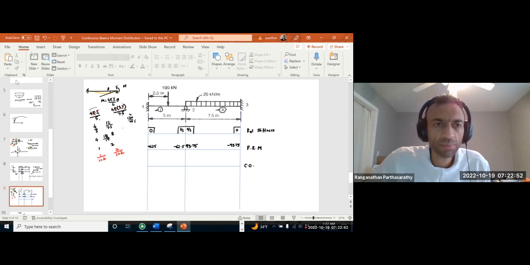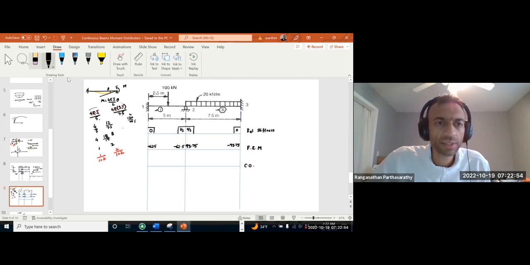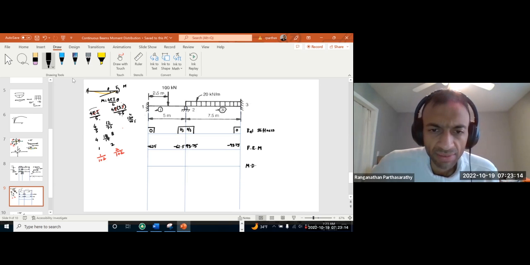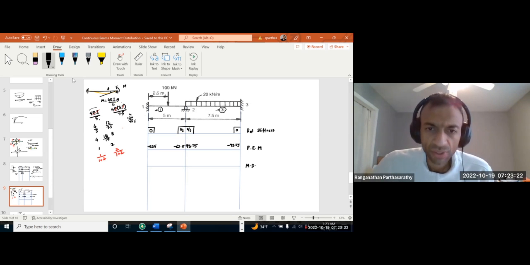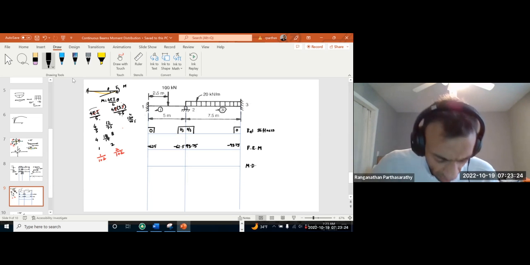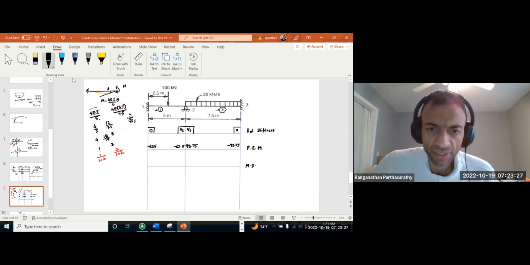We have not yet applied them. So now we do the moment distribution. We have positive 93.75 minus 62.5, so we have an excess moment of positive 31.25 at this joint.